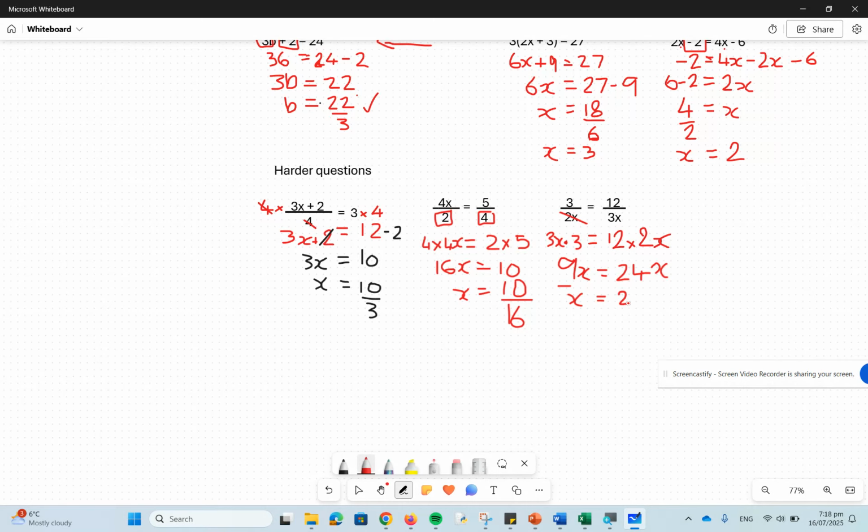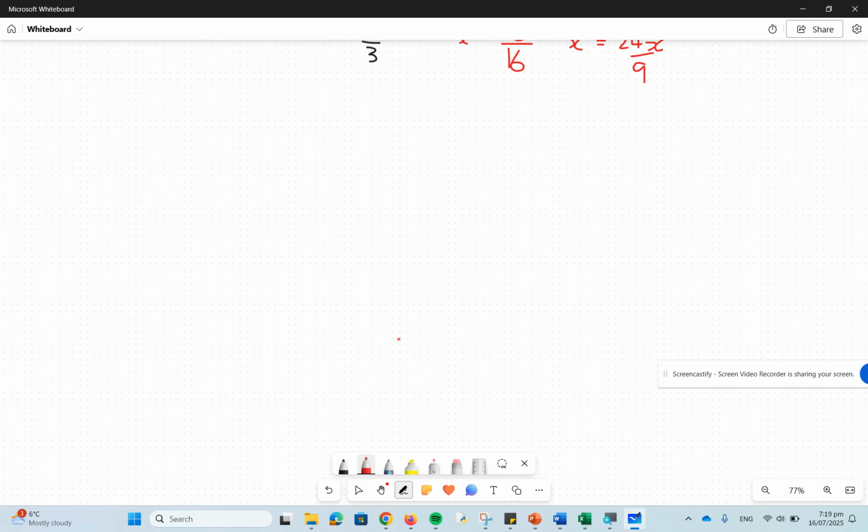So 24x divided by 9. Yeah, when I was thinking of this problem, yeah, okay. Unfortunately, because of the way I've written the problem, this problem becomes too hard to solve.